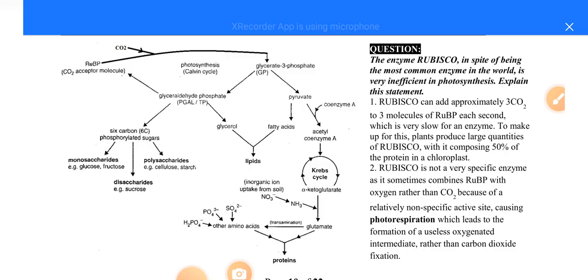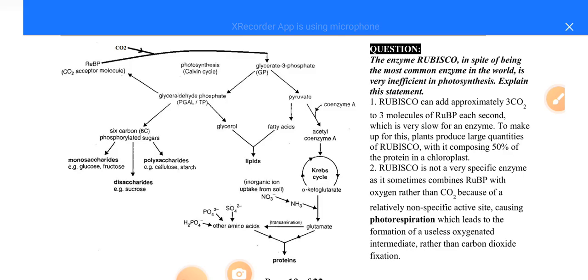Explain this statement. One, we are saying that Rubisco can add approximately 3 carbon dioxide molecules to RuBP each second, which is very slow for an enzyme. To make up for this, plants produce large quantities of Rubisco, with it composing 50% of the protein in a chloroplast.